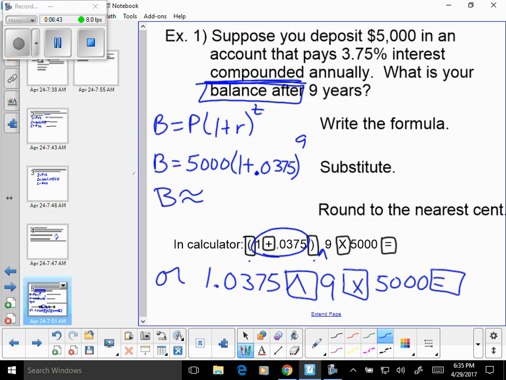And since it's money, we're going to take it to the nearest cent. $4,943. Oops, I'm looking at the wrong example. I'm sorry. I'm ahead of myself here. Okay, $6,964.07. And again, we round to the nearest cent because we're working with money.